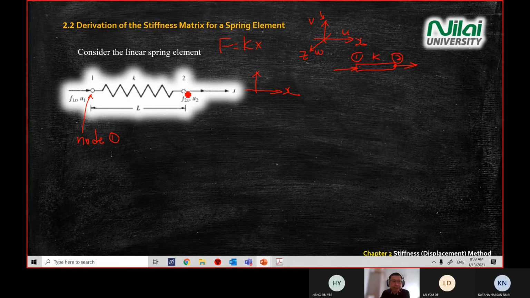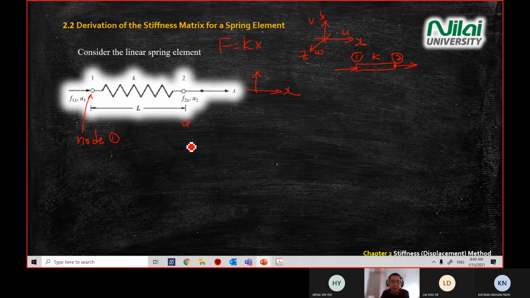If node 1 or 2 can move, we will represent the displacement with U. U means displacement, so every time we write the letter U, it means that the structure is moving in the X direction.